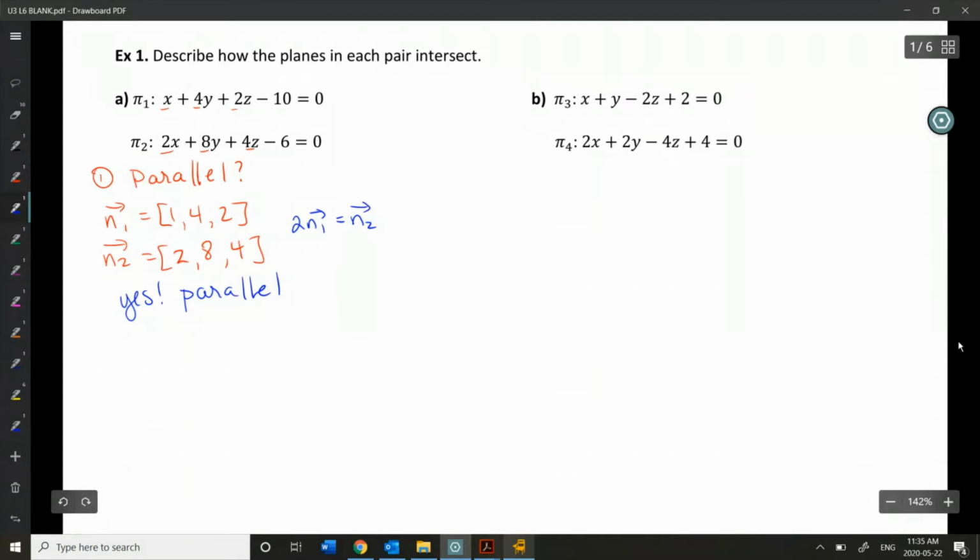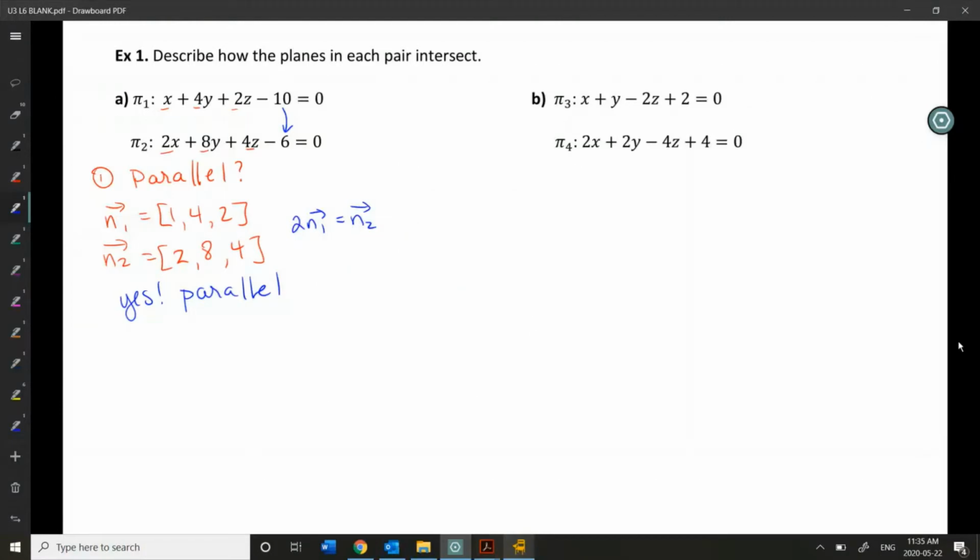To determine if the planes are parallel and coincident, in other words the same plane, or parallel and distinct, we're going to see if the constants of those planes in scalar format follow the same scalar multiple that the normals do.